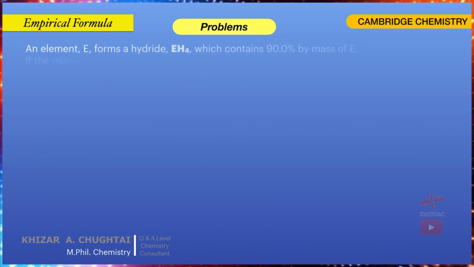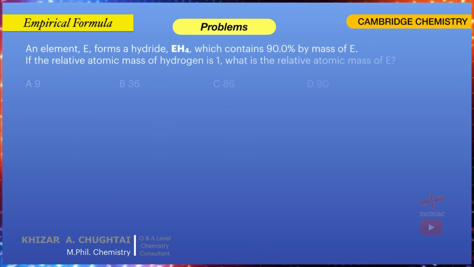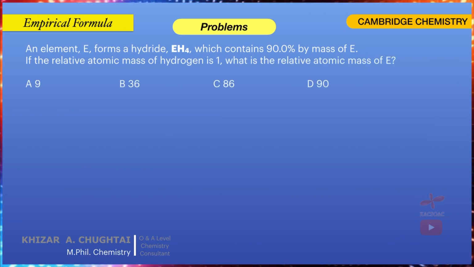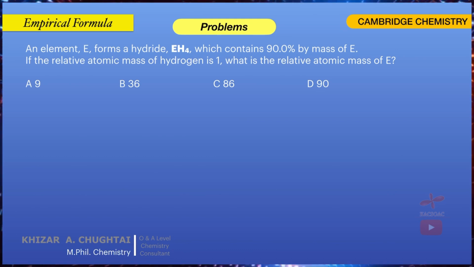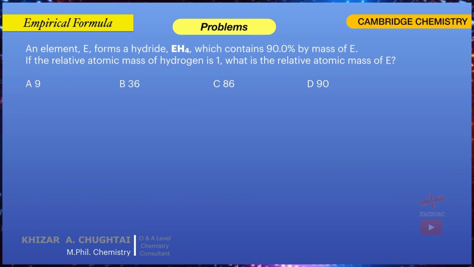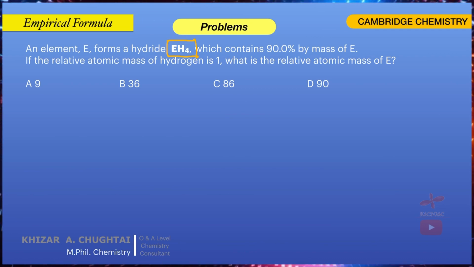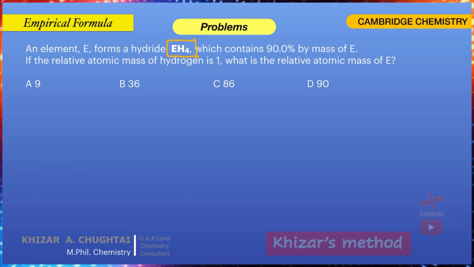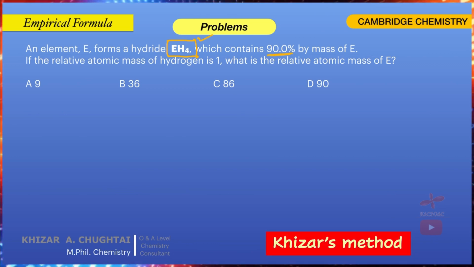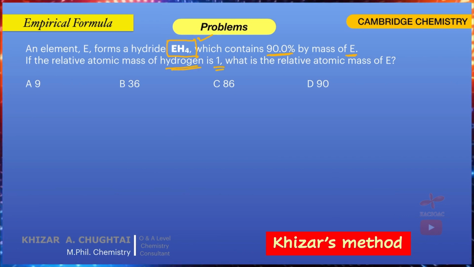An element E forms a hydride EH4 which contains 90% by mass of E. If the relative atomic mass of hydrogen is equal to 1, the formula is given. It's a little bit tricky question, and I'm going to tell you a Khizar's method. Formula is given, percentage of E is given, AR of hydrogen is 1.